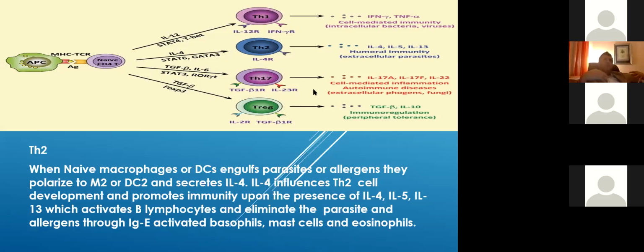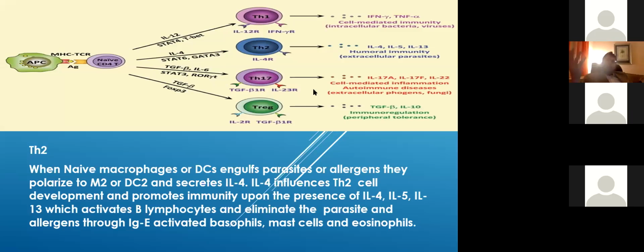What will happen to these naive macrophages or naive dendritic cells? They polarize and become what? M2, DC2. And they start secreting interleukin-4. Interleukin-4 is responsible for polarizing naive T cells into Th2, right?